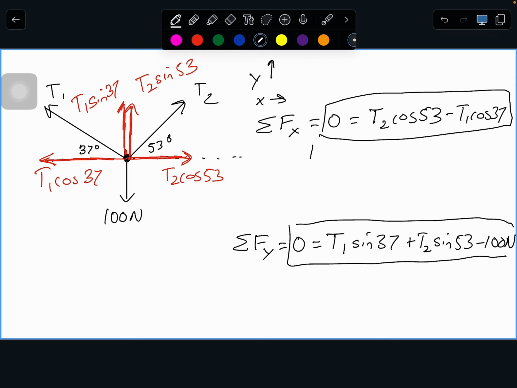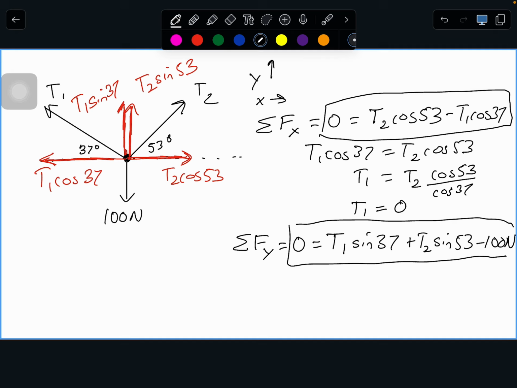Okay, so I get T1 cosine 37 equals T2 cosine 53. So I move the T1 cos 37 to the left side. Now I'm going to solve it for T1. T1 equals T2 cosine 53 divided by cosine 37. That means my T1 is equal to 0.754 T2.